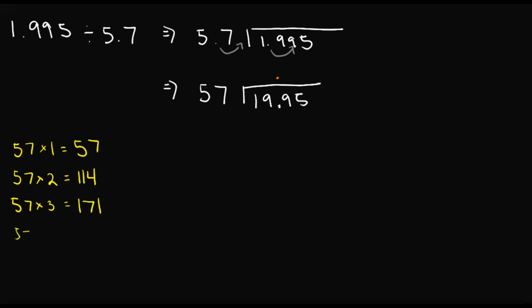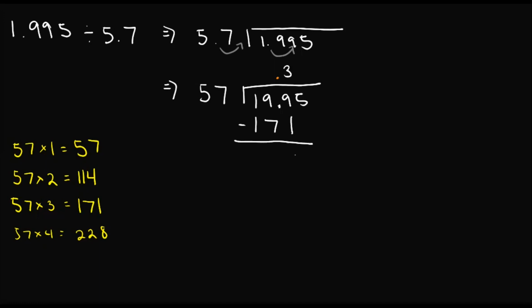And 57 times 4, it is actually 228. So clearly, this is the multiple that we are aiming for, the 3, since 228 is already greater than 199. So we have out here 3, that would give us 171.